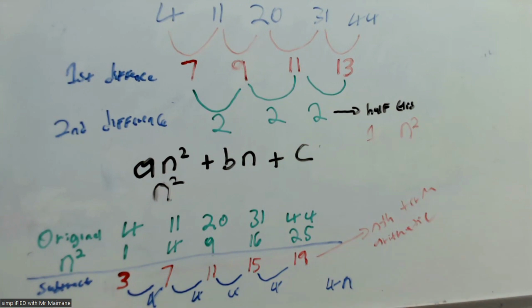But then we have to get the value of C. We must determine what was the value here before the first term. To get that, we must know what must we add with 4. If n is 1, what must be added with 4 in order to get 3?